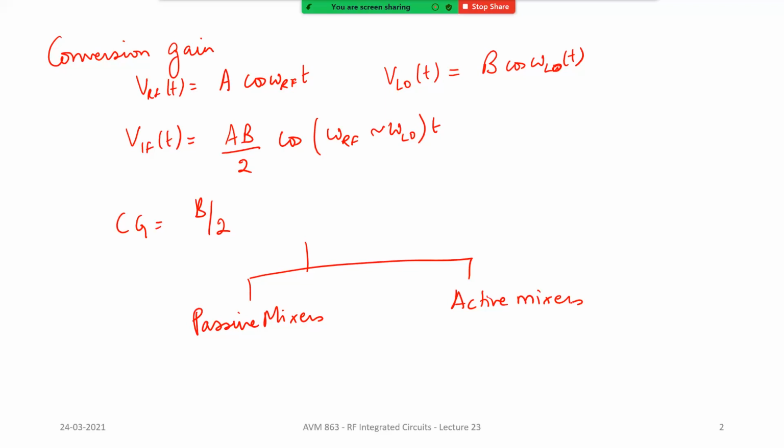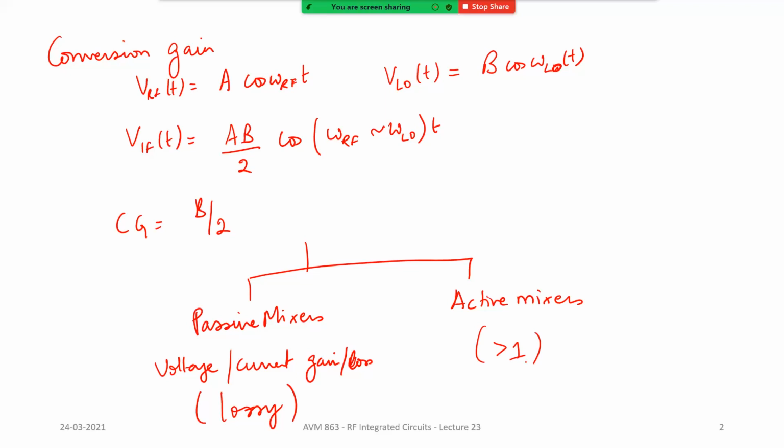You can have a notional voltage or current gain or loss, but usually it is less than 1. Usually these things are lossy. You don't have proper gain. Whereas in active mixers, you can have a gain which is greater than 1. Okay. We will look at it subsequently.